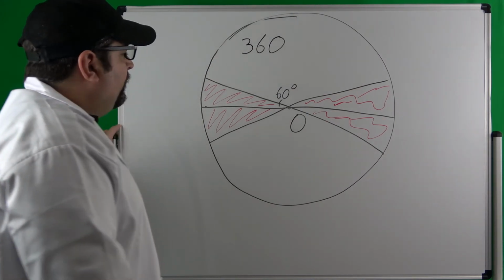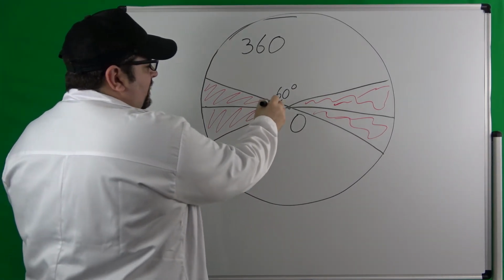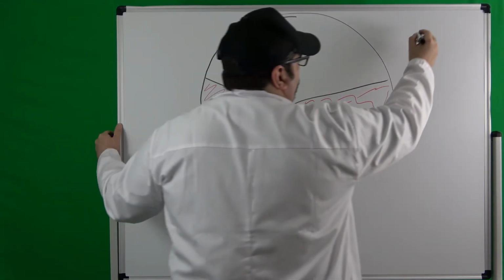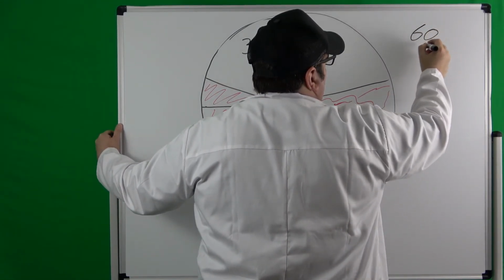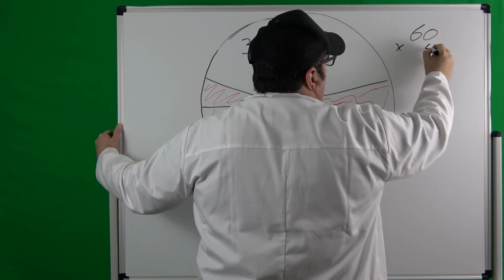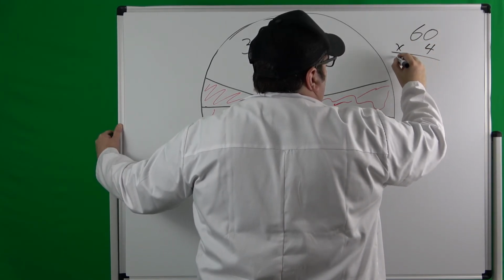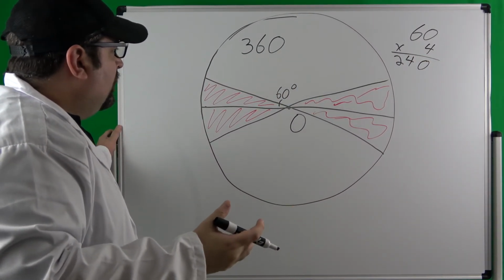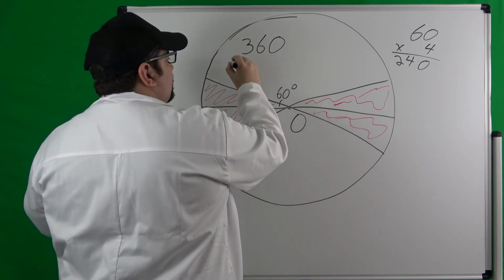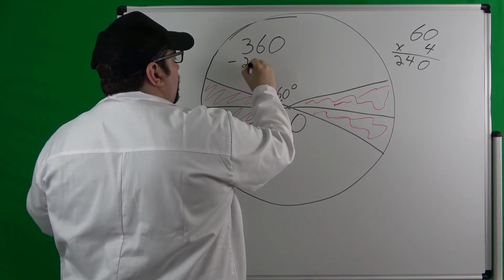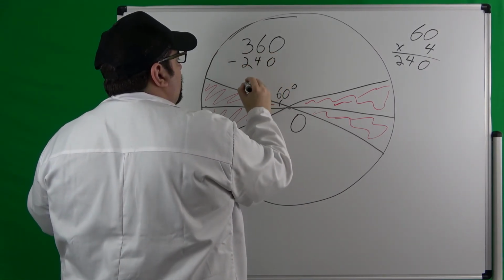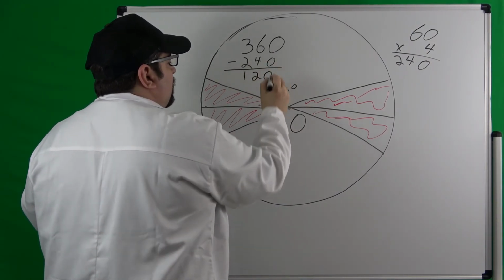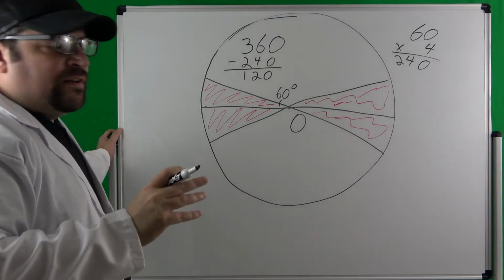So if each one of these is 60, we do 60 times 4 and we get 240. Then we just do 360 minus 240, and we get 120. But we're not done, right?